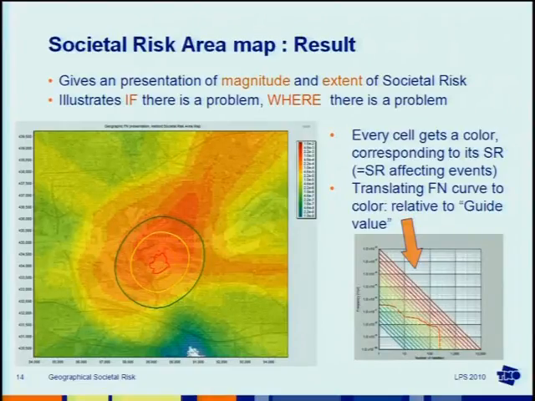We have a guide value over here. Basically, the color turns red if I'm above the guide value, and if I'm beyond, I will get more green and eventually blue. So it's a gradient coloring that illustrates the space you have left before you are exceeding the guide value.